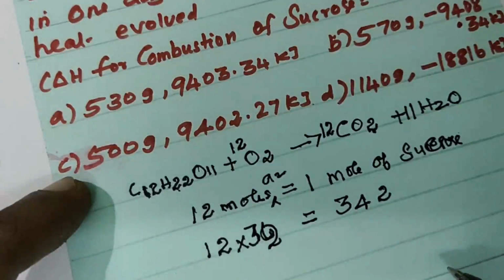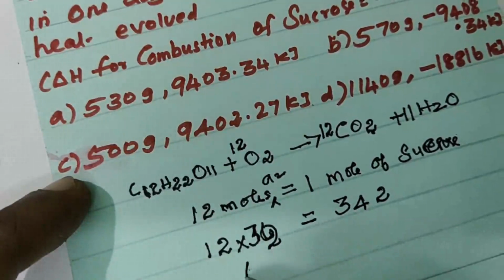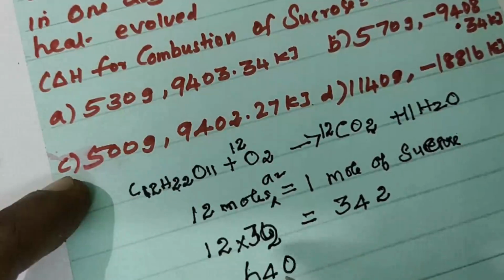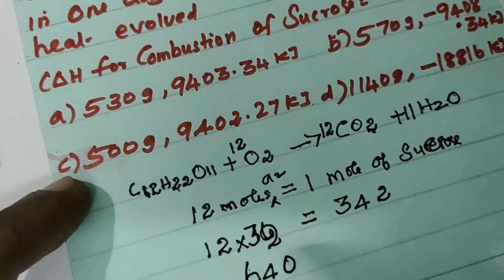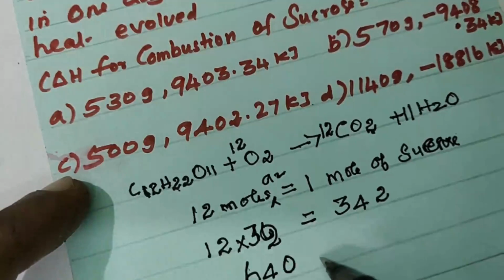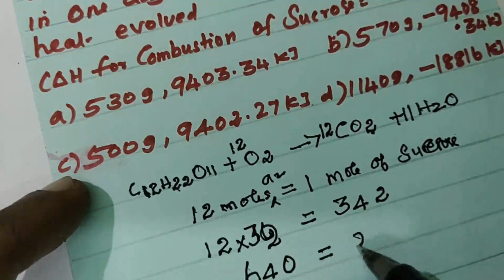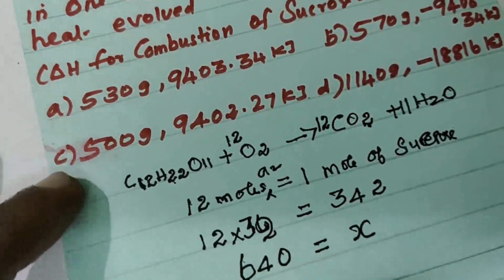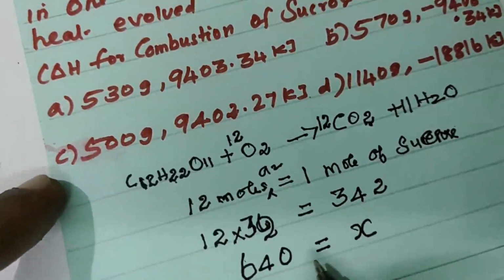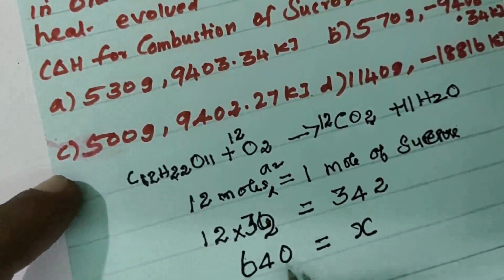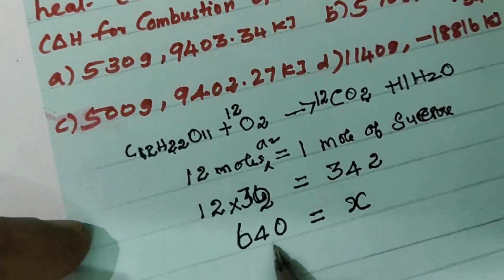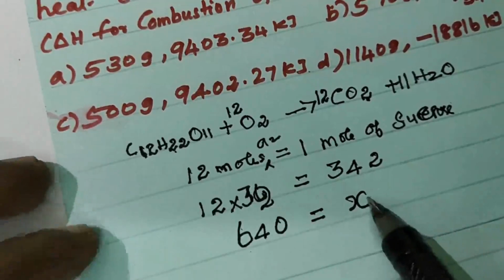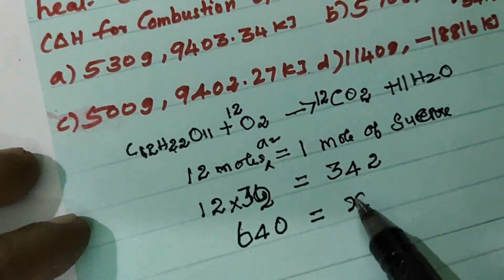Then using this, 640 gram of oxygen per day is used. How much sucrose is consumed? Taking it as X. The person inhales 640 gram oxygen per day, so how much sucrose is to be burned?